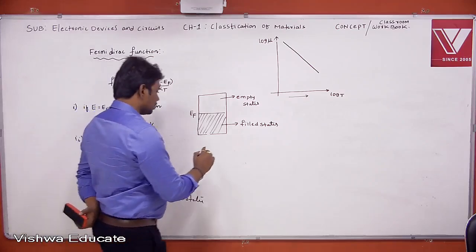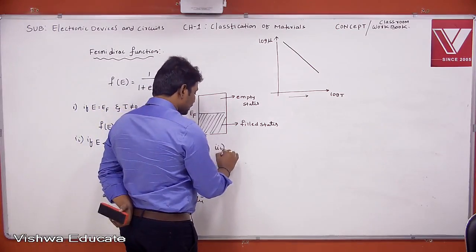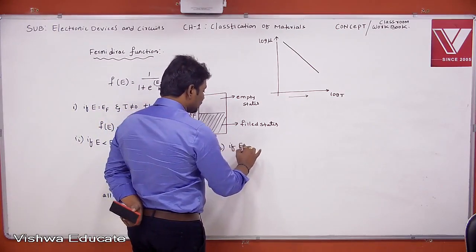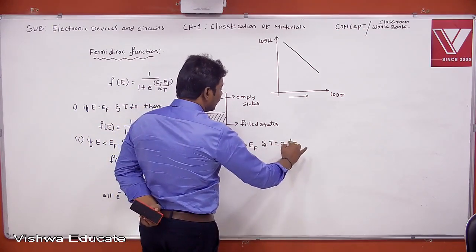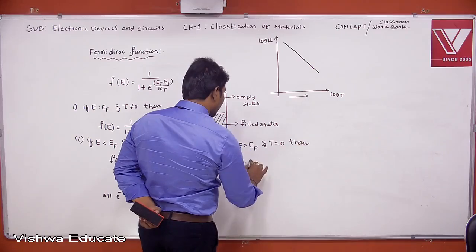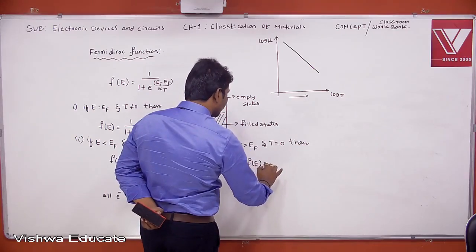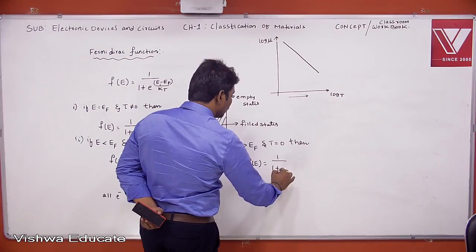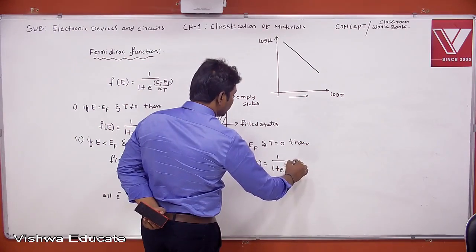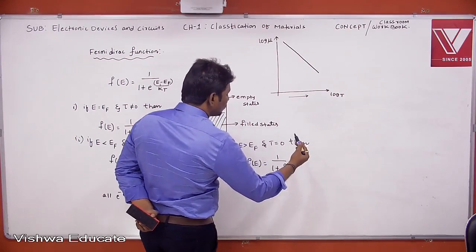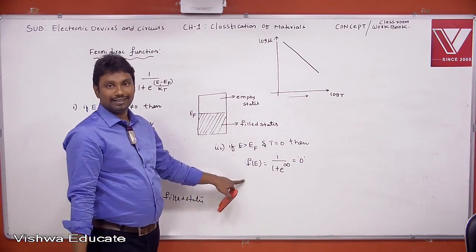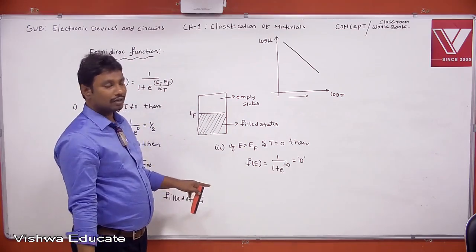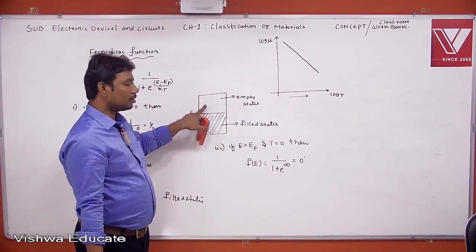And the third case. If the given energy level is greater than the Fermi energy level and temperature is equal to 0, then what is the probability value? f of E equal to 1 by 1 plus e power infinity. Then the probability value is 0. If E is greater than EF, above the Fermi level, the probability is 0. Probability 0 means electrons will not occupy the empty state.